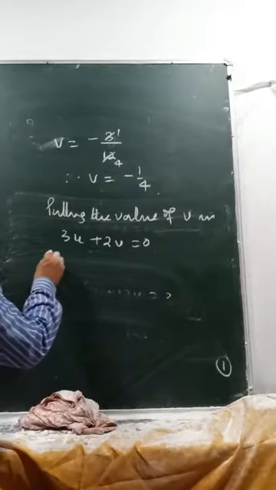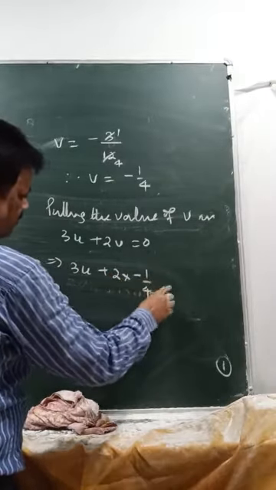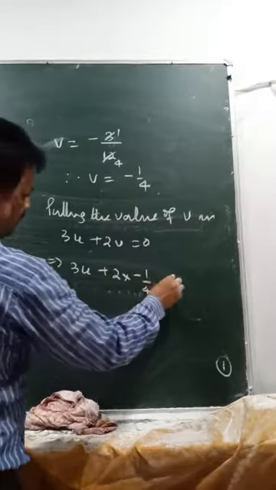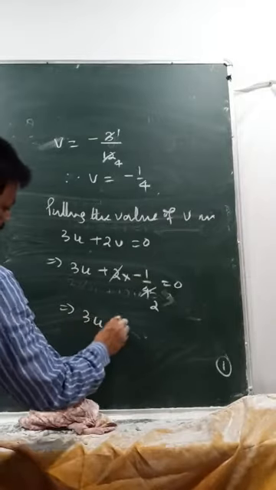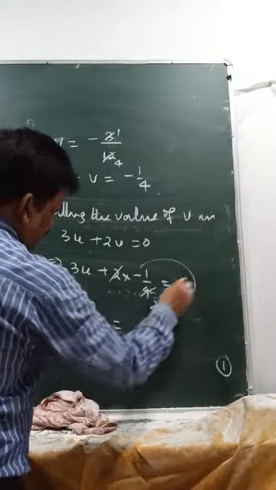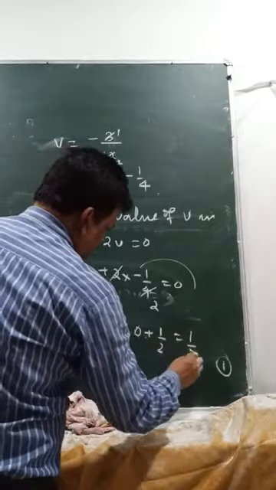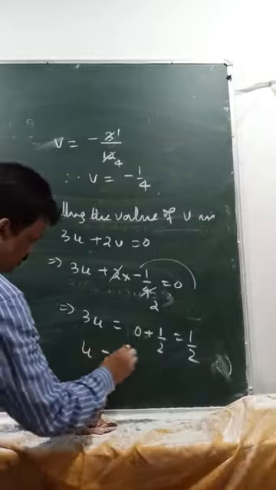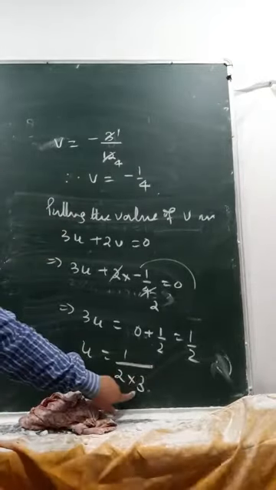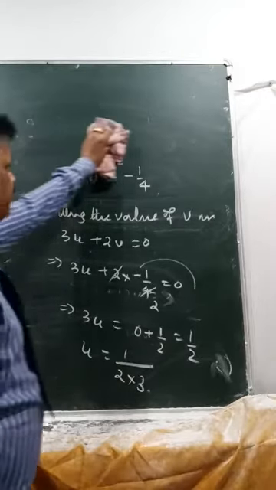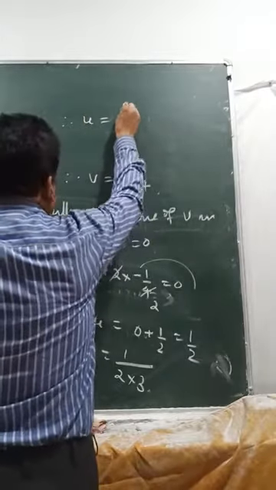How much will we get? 3u plus 2 into minus 1 by 4, because v is minus 1 by 4, equals 0. This is cancelled here. Implies 3u equals, this will go this side, 0 plus 1 by 2, that is 1 by 2. So u will be 1 by 2 into 3, 3 will come down. Therefore u equals 1 by 6.